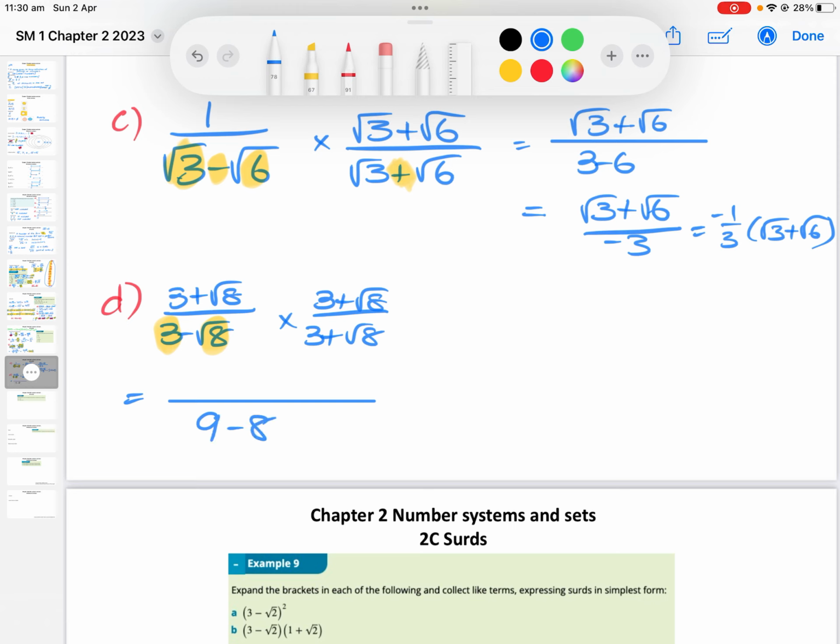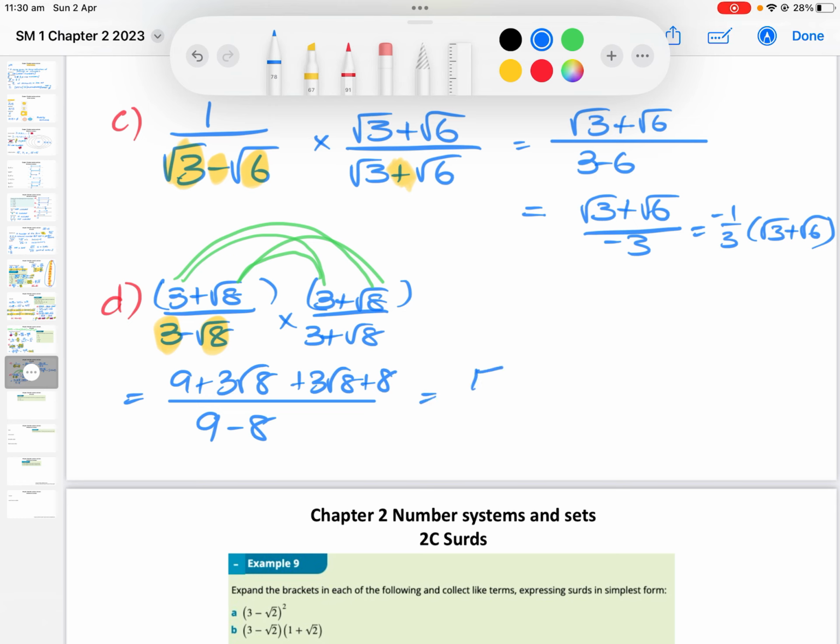And on the top, we're going to get 9 plus 3 root 8 plus 3 root 8 plus 8. So we get 17 plus 6 root 8 over 1. I'm not going to bother writing over 1. 17 plus 6 root 8.